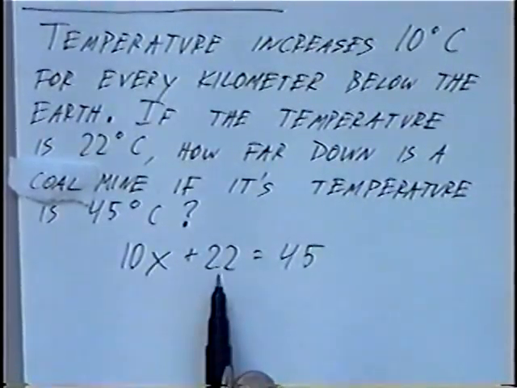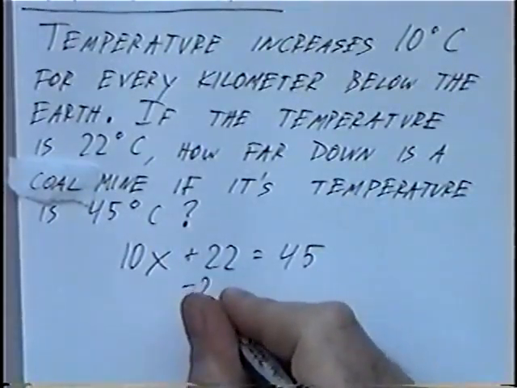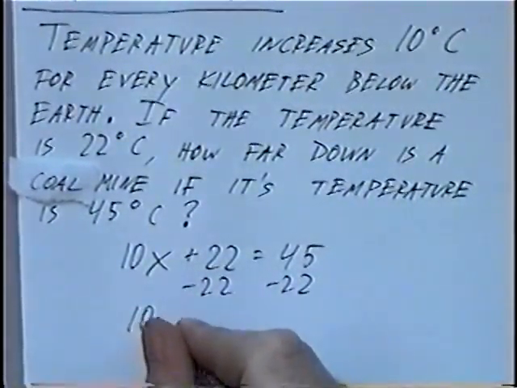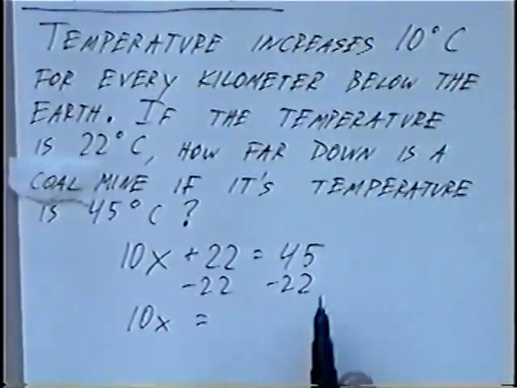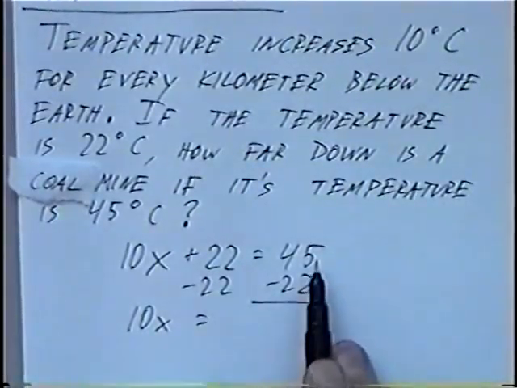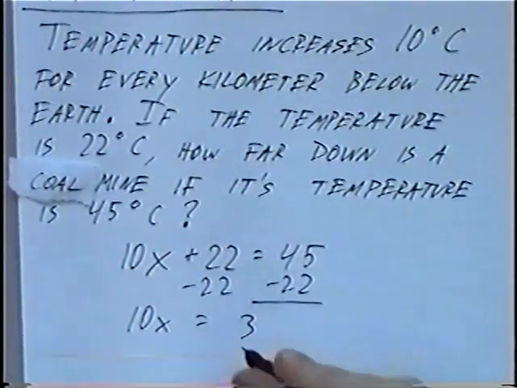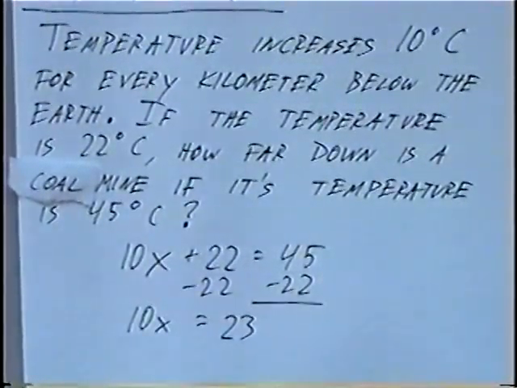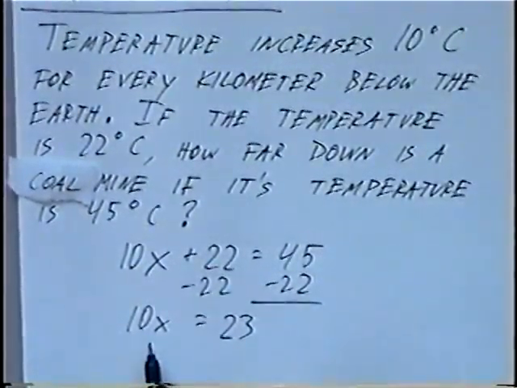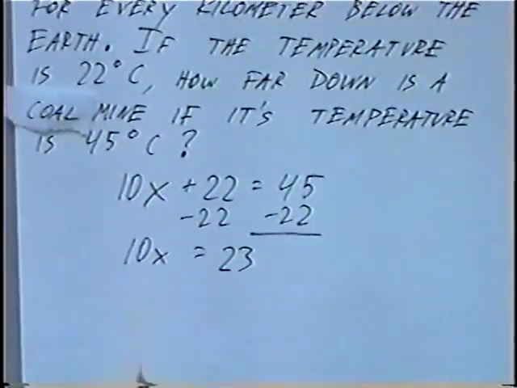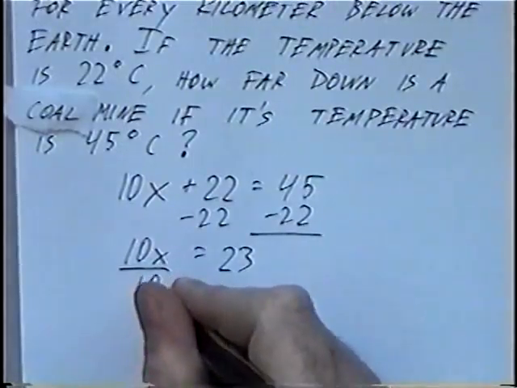Again, the numbers away from x, plus 22, we can cancel by subtracting 22 on both sides. So 10x would come down. 45 minus 22, we can just subtract: 5 minus 2 would be 3, and 4 minus 2 would be 2. So we have 10x equals 23. To get rid of the 10 in front of the x, we can divide by 10.